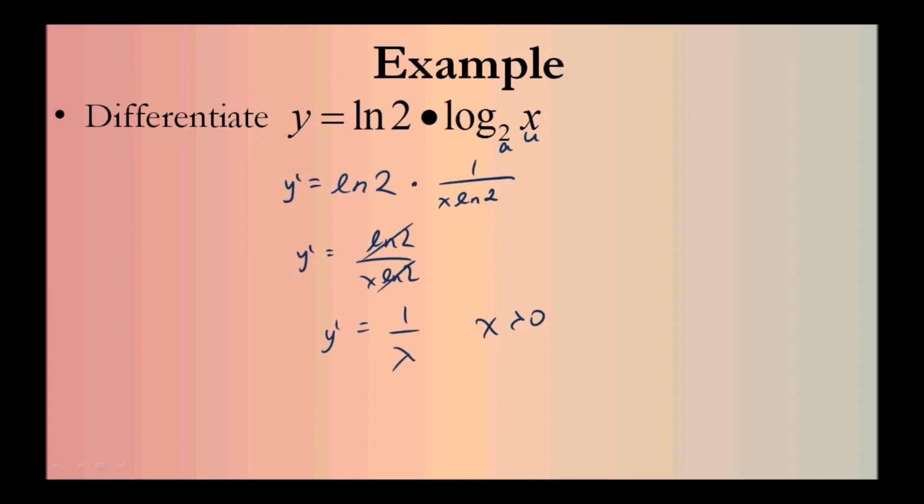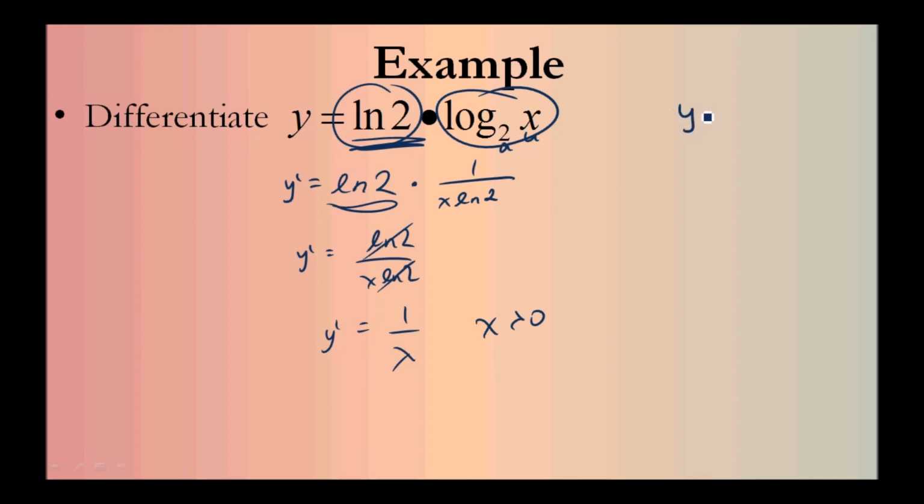And so this initially looks rather complex because we have natural logs and logs with unfamiliar bases. But what you have to remember is that the natural log of 2 is simply a constant in a more complex and non-numerical form. So natural log of 2, if you plug that in a calculator, will just give you a number. So we know that when we're dealing with constants in differentiation, we just multiply them through.